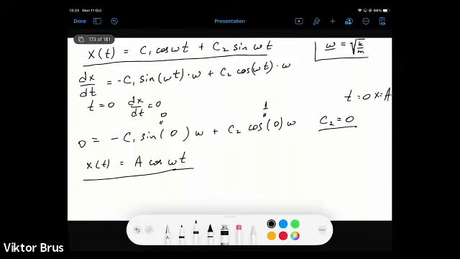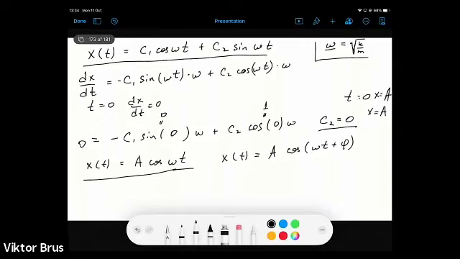However, as you can imagine, this simple harmonic motion process can start from any initial displacement, when x is not exactly equal to the amplitude value. In order to take that into account in this general equation, we can write that x as a function of t is equal to amplitude times cosine of omega t plus phi.